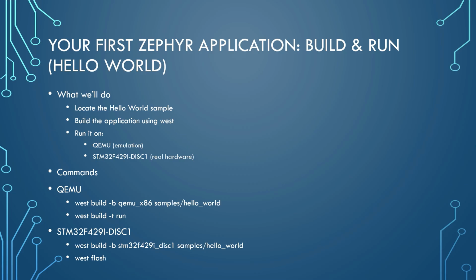We will start with the classic Hello World sample, which is used to verify that the entire Zephyr development environment is working correctly. In this slide, I will show you how to run the same application in two ways. First using QEMU and then on real hardware using the STM32 F429I discovery board.